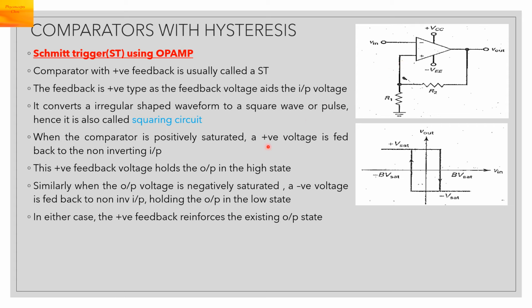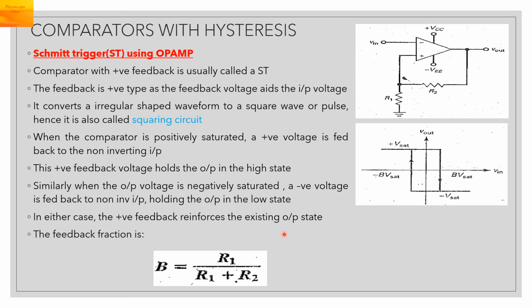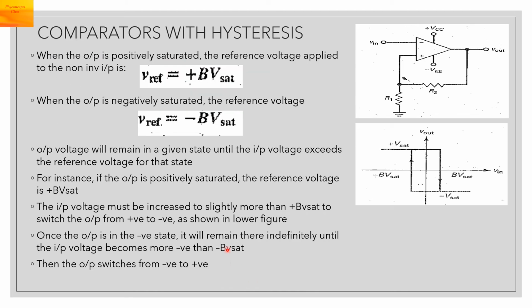In either case, the positive feedback reinforces the existing output state. The feedback fraction is given as B is equal to R1 upon R1 plus R2. When the output is positively saturated, the reference voltage, which is at the non-inverting input, is given as plus BVsat, and when the output is negatively saturated, the reference voltage will be minus BVsat. The output voltage will remain in a given state until the input voltage exceeds the reference voltage for that state.